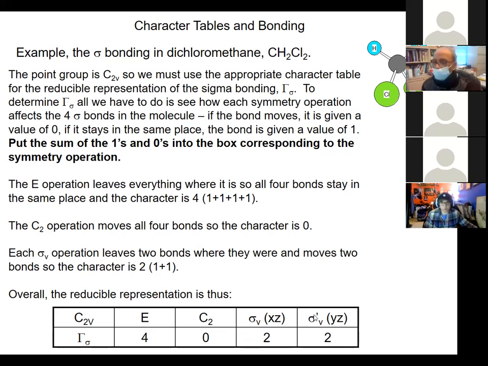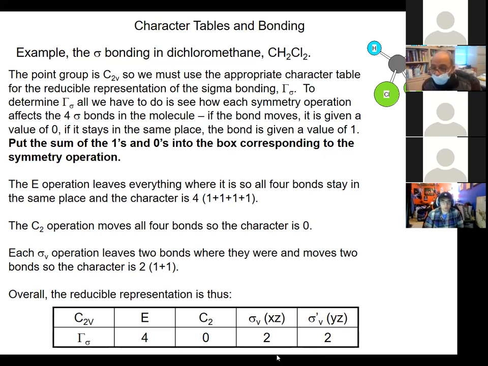Similarly, if we were to now turn around and use the other plane, carbon and two hydrogens, that's the plane. And when you do a reflection, the chlorines will change. So we say two CCl bonds are moving, but two CH bonds are in place. So two are not moving, two are moving. So we only put the number that does not move. So we have 4, 0, 2, 2.